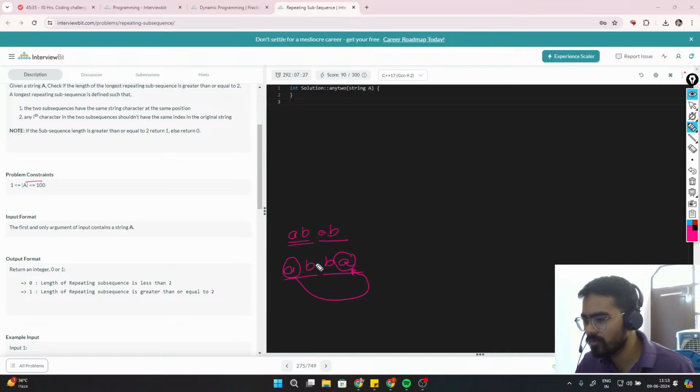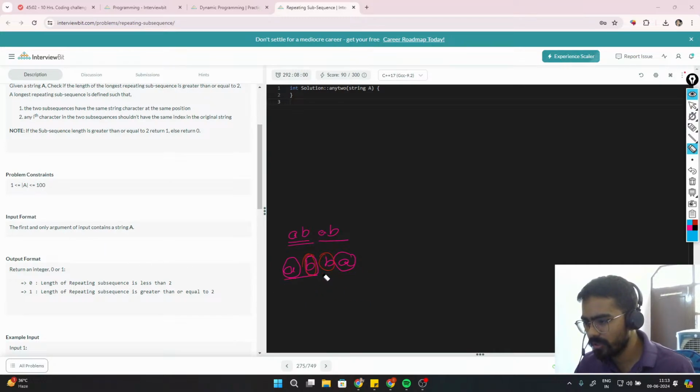This is the one repeated, or we can also take this B and B. The given string A has length up to 100.